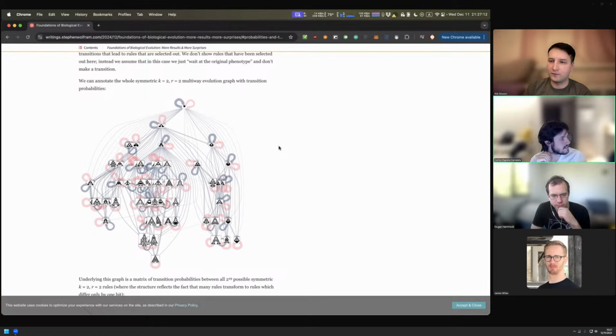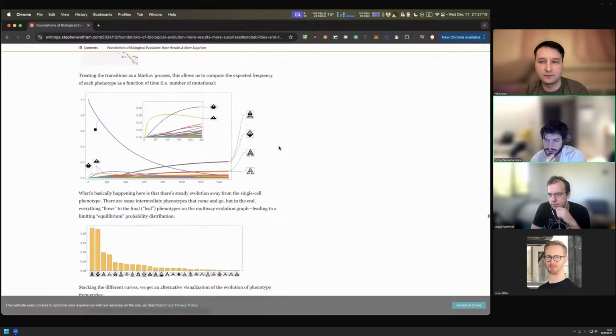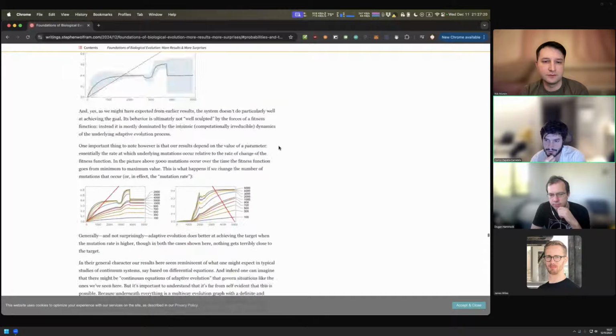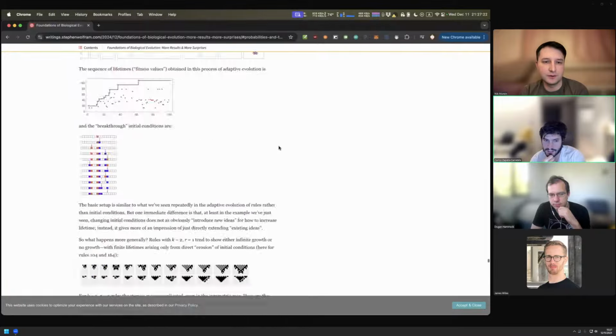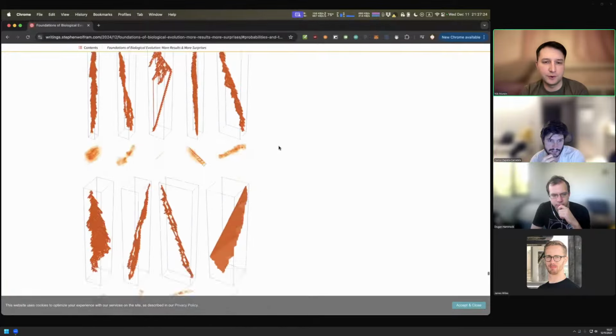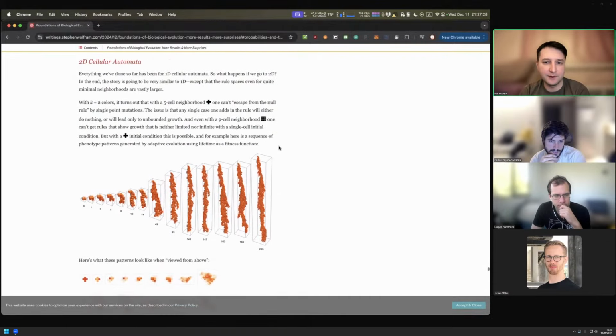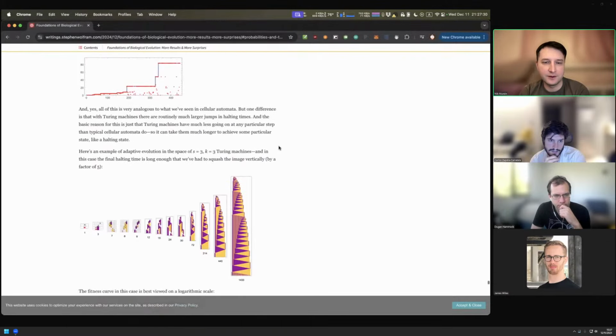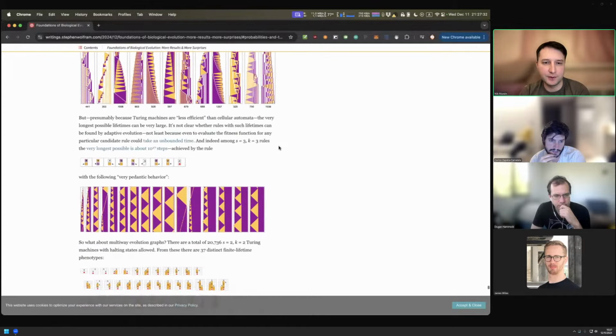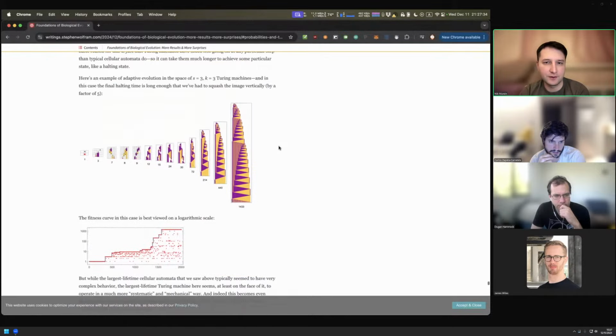But I guess this kind of makes sense for any rewrite system, right? As long as you have a notion of deformation of a rule, what you call mutations here. We did this for the Turing machines. Basically the same kind of thing. This is the 2D version of the cellular automaton, but this is the Turing machine.